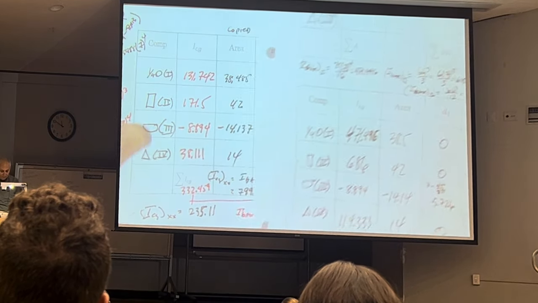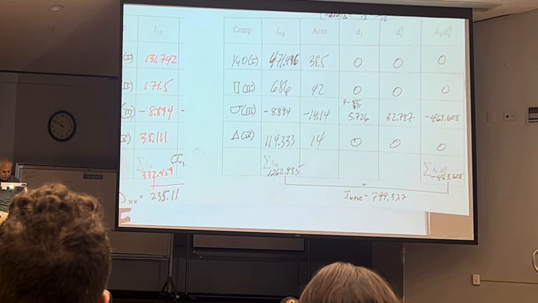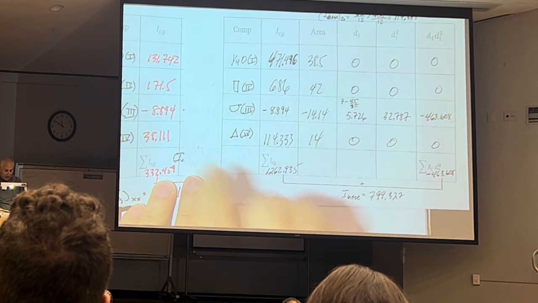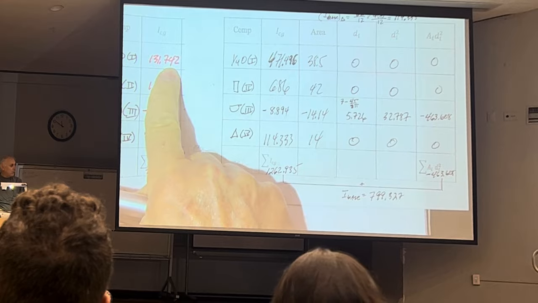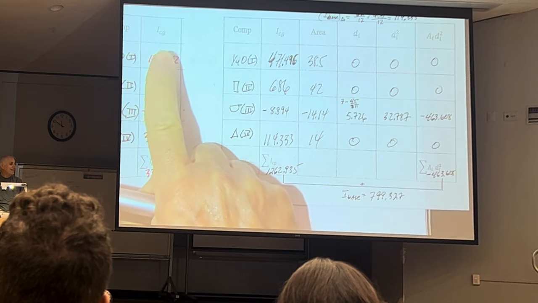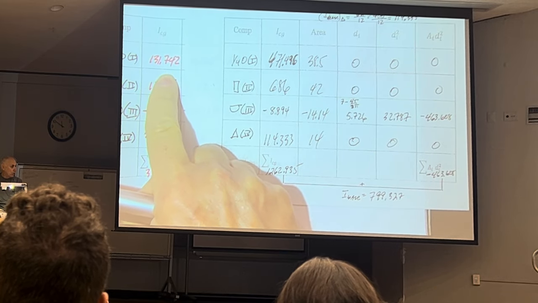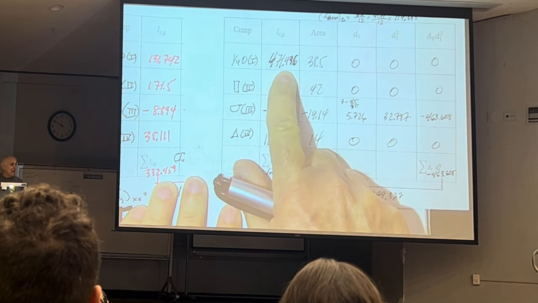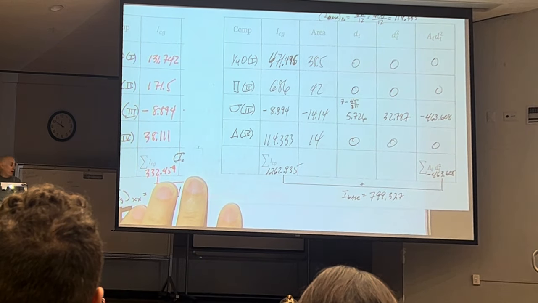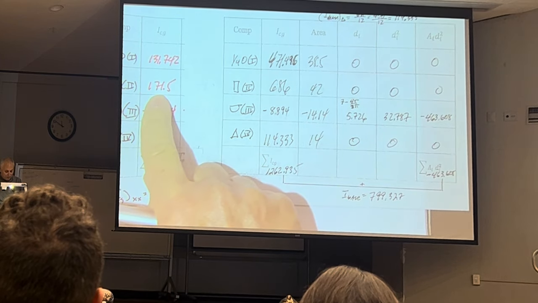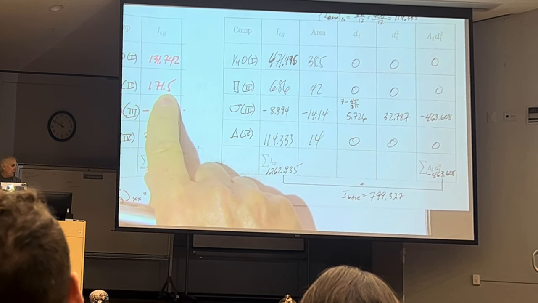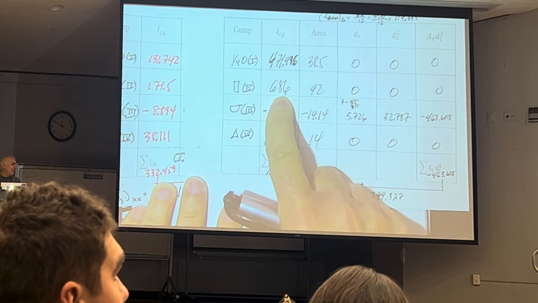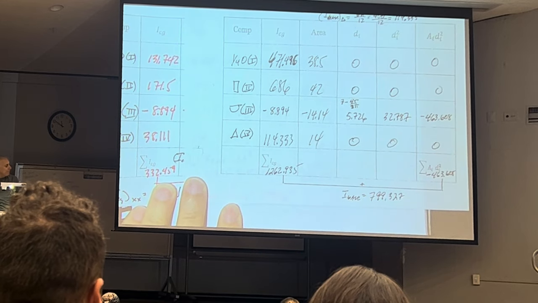Notice, look at the formulas for the I's. 131.742, that's the I that goes through the centroid of the quarter circle. This is 471.496. That goes through the bottom of the quarter circle. This triangle is 171.5. That goes through the centroid. This one, 686, goes through the base.